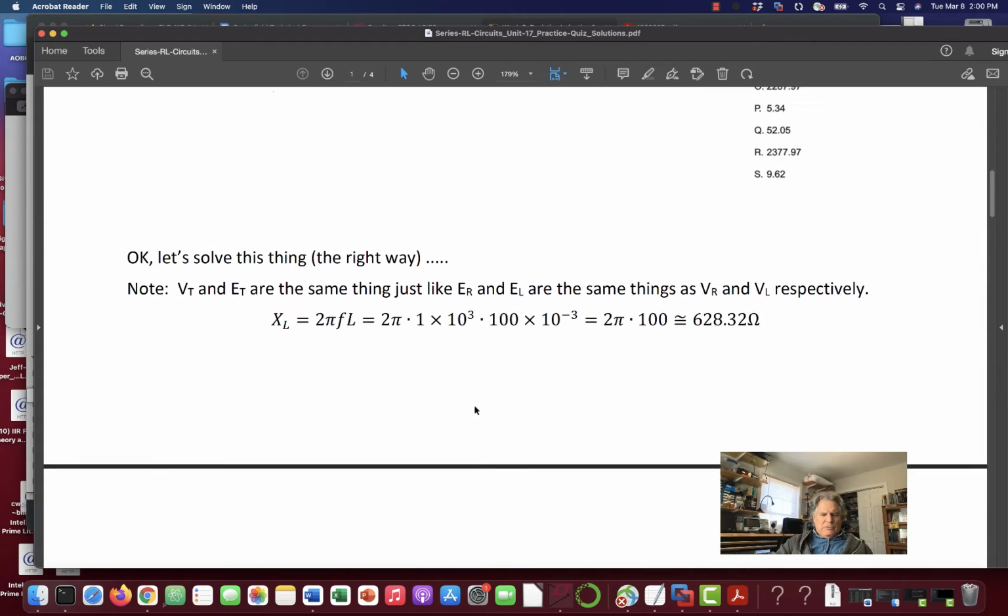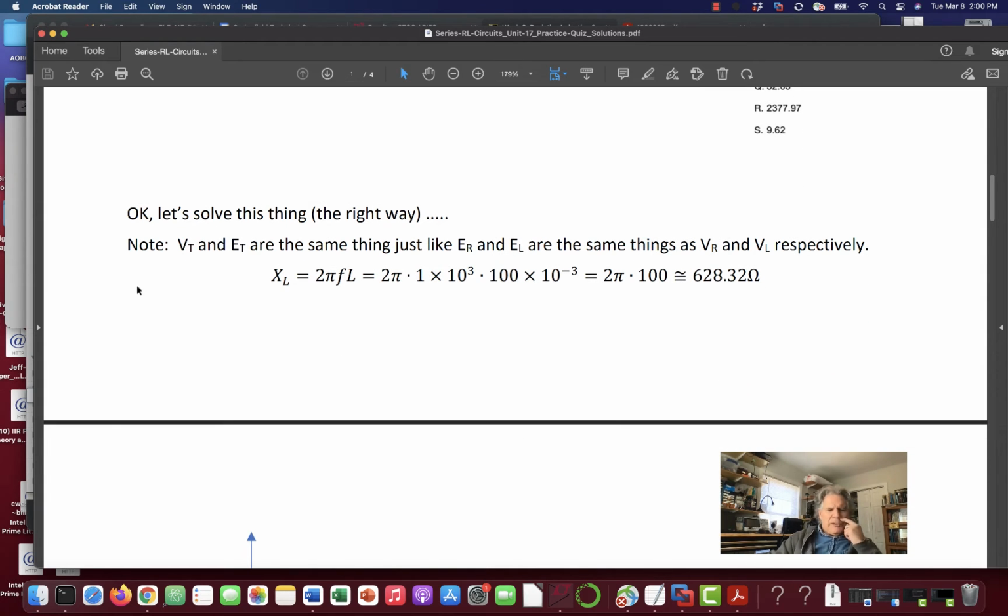So we come down here and I want to make a note here. When I first learned electricity, E was used for voltages. Then, as we went into the 1900s, V became popular.